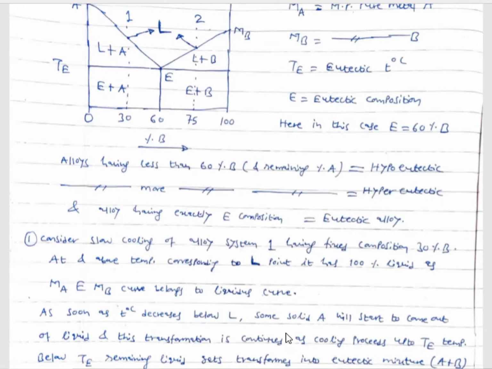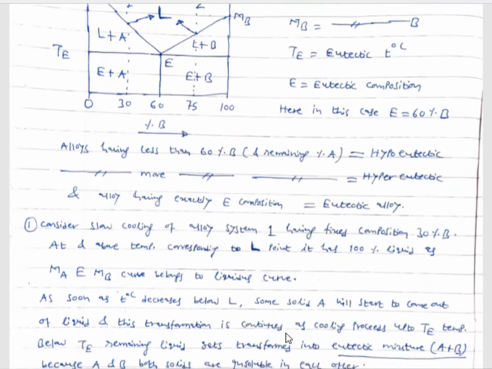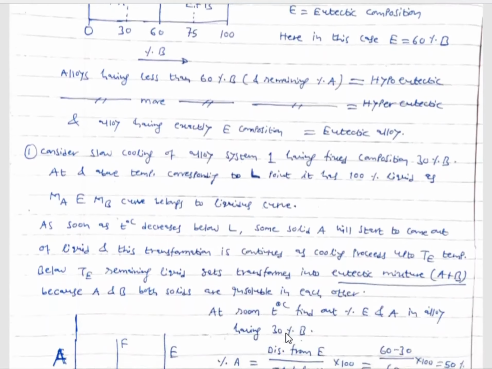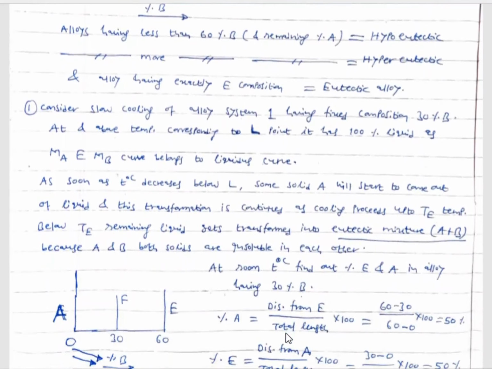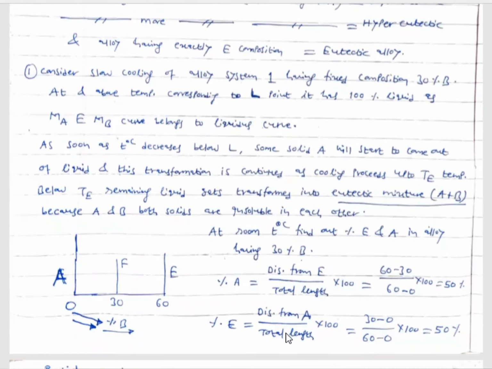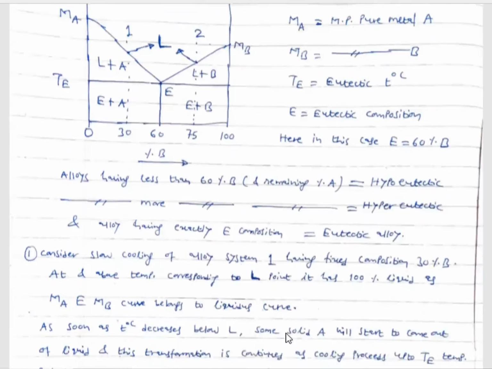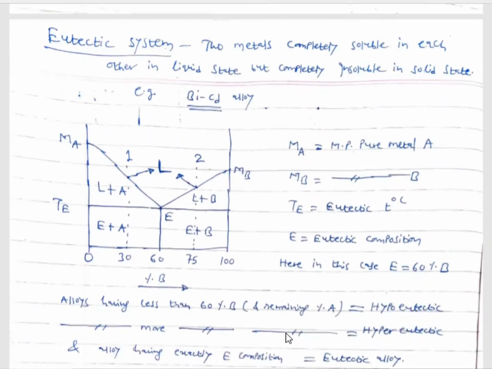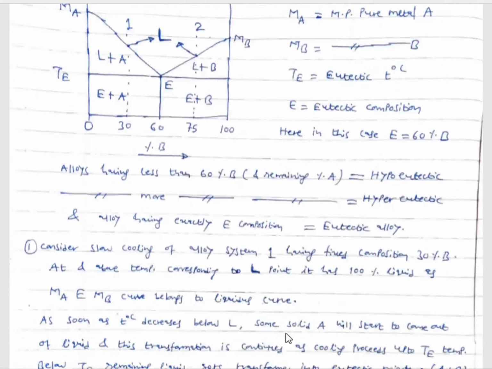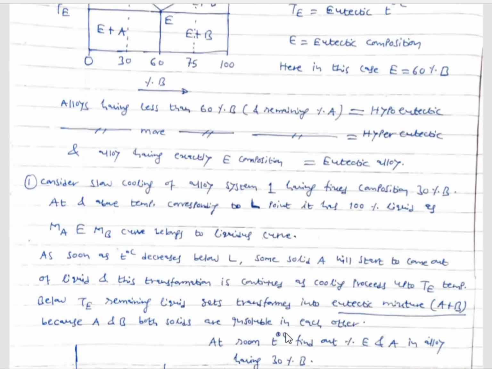But now below eutectic temperature, this liquid will be in the form of eutectic mixture. It is the mixture of metal A and metal B. So suppose at room temperature, we want to find out the amount of eutectic and A in our alloy system 30% B, the alloy system 1 we have considered.